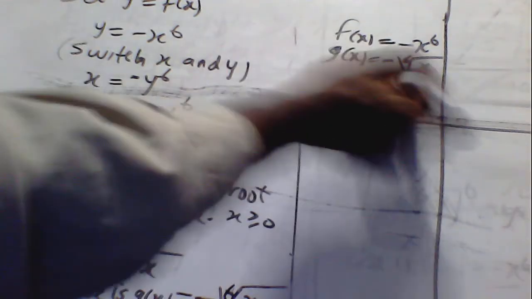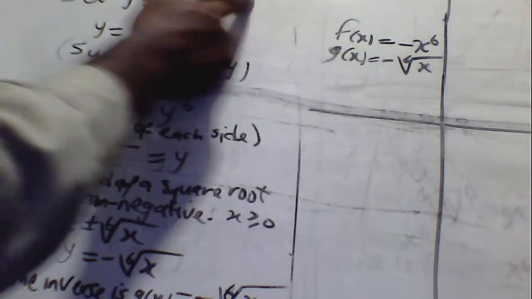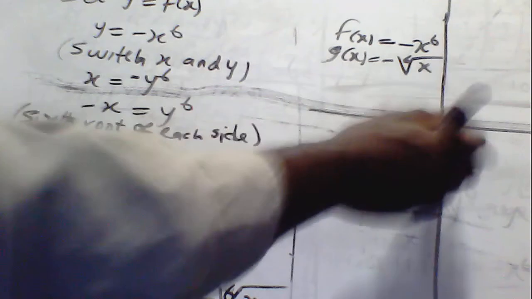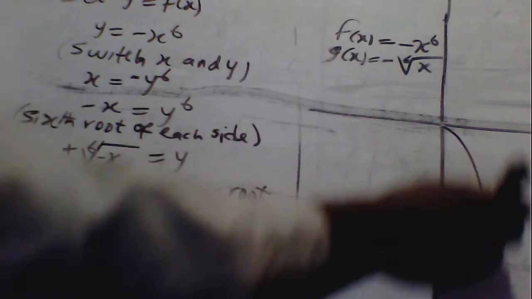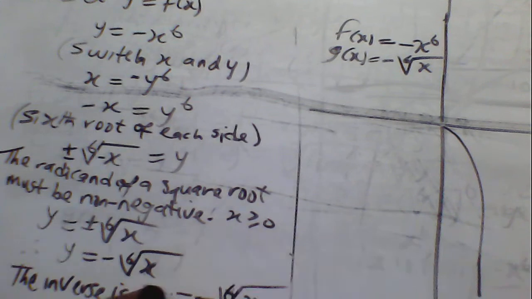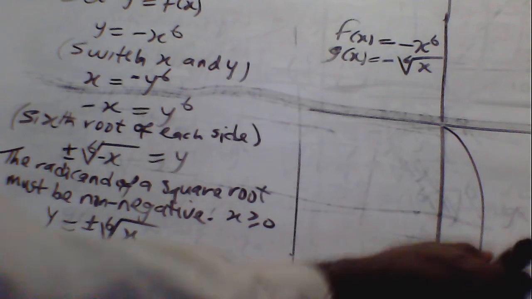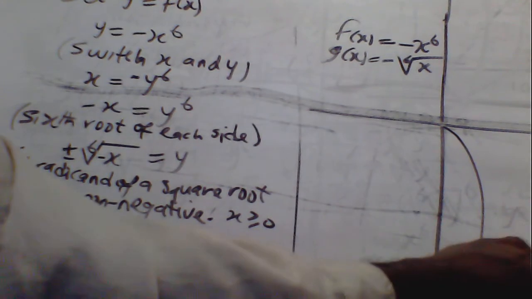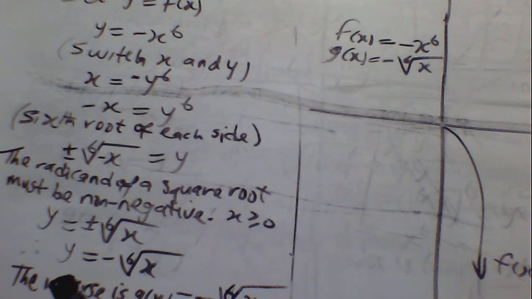So if you plot this graph, if here is plus, it will be like this, because we are considering only the positive x, it will be only here. But because of the minus, it will be like this. If you have your graphing calculator, you can always check it. So this is f of x. Then the next is the inverse.